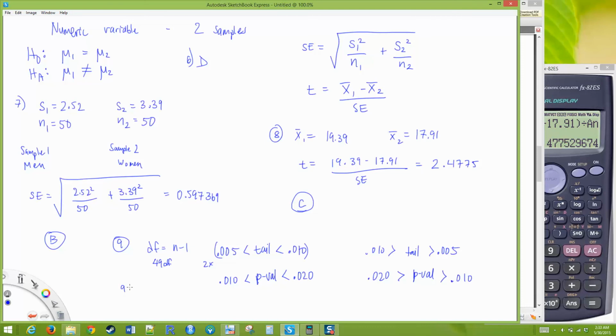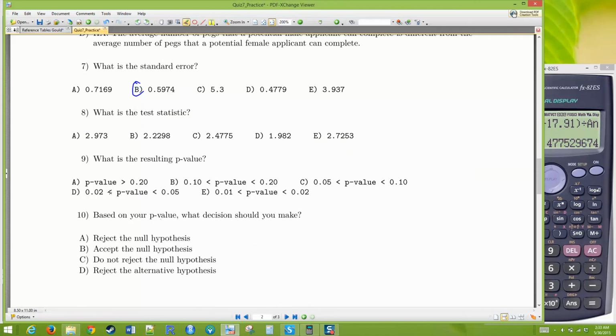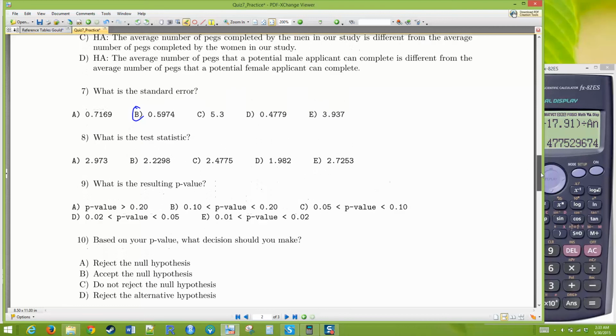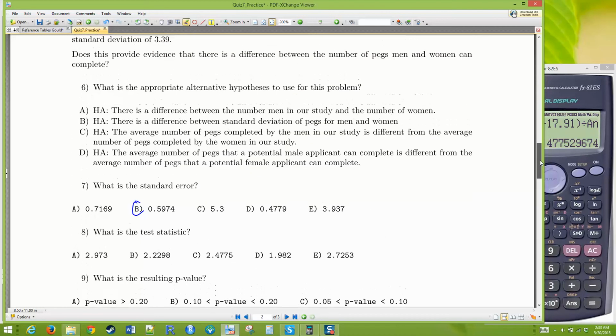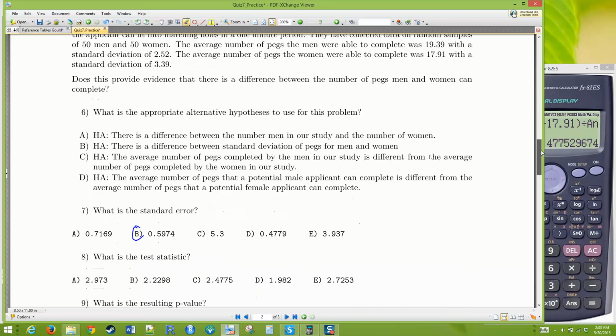Okay, and let's take a look at what kind of conclusion we're going to make. Our p-value is less than 0.02 but bigger than 0.01, so something in between there. It doesn't provide an alpha here, so we're going to assume alpha is 5%.